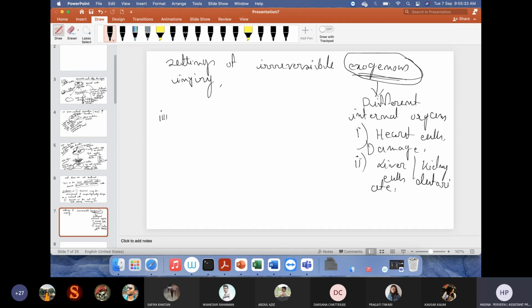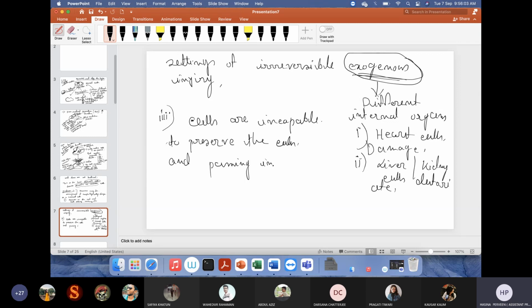And another feature of necrotic cells is that the cells are incapable to preserve themselves and persist in the living tissues.